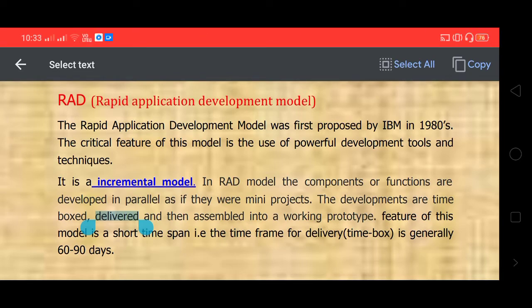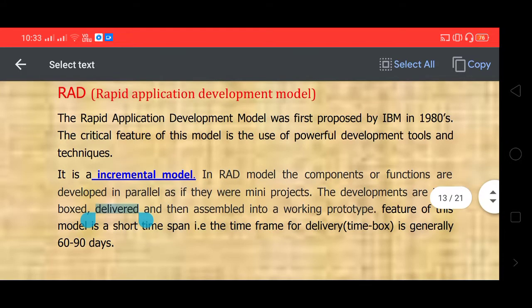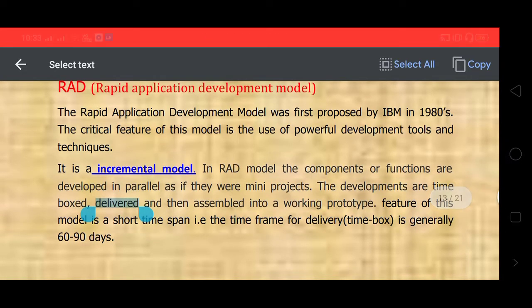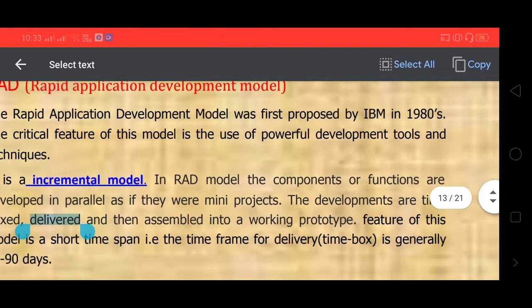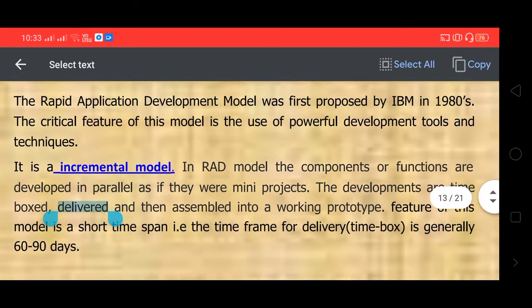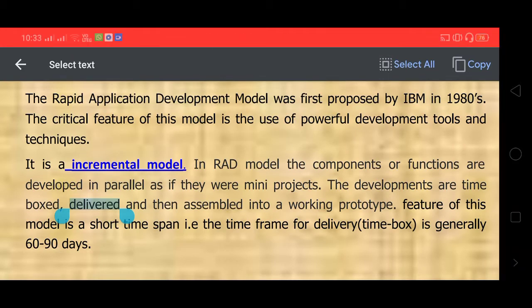The Rapid Application Development Model was first proposed by IBM in the 1980s. The critical feature of this model is the use of powerful development tools and technologies.